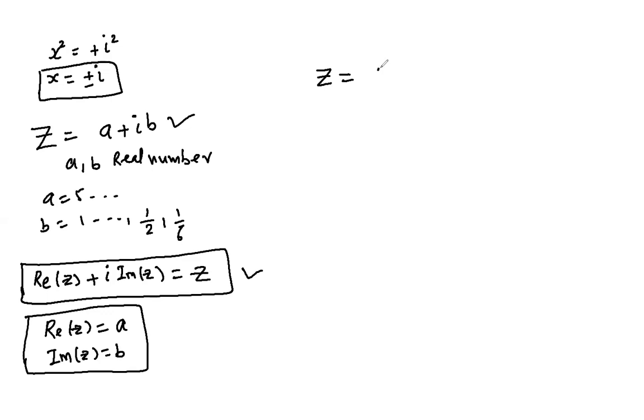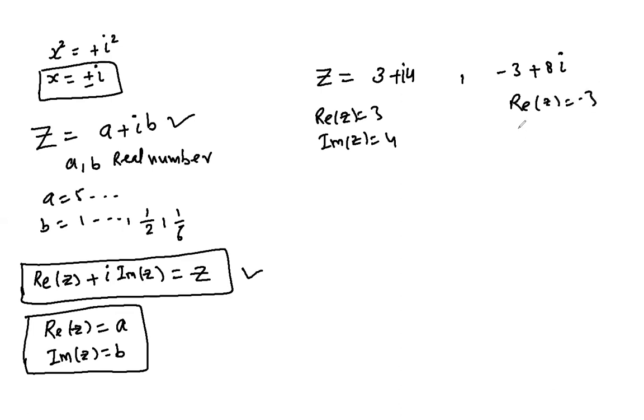Let's say you have 3 plus iota 4, or let's say minus 3 plus 8 iota. So here the real part of z is equal to 3 and the imaginary part of z is equal to 4. In this complex number, the real part of z is equal to minus 3 and the imaginary part of z is equal to 8. So we have to write it with this sign. Here you can't skip this negative sign.